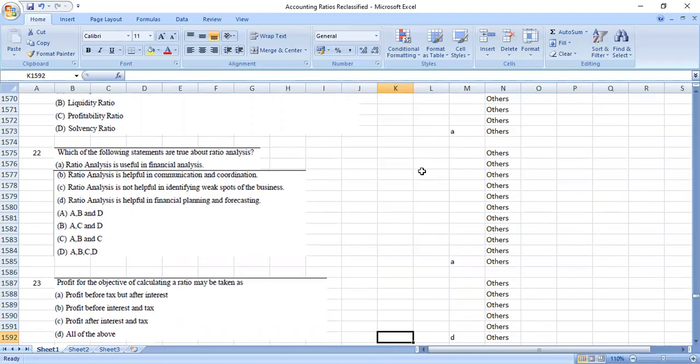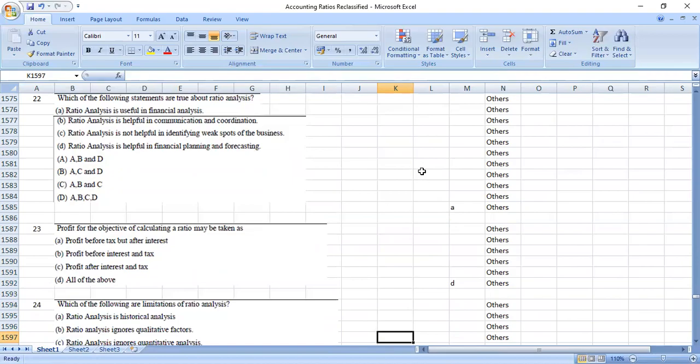Which of the following statements are true about ratio analysis? Ratio analysis is useful in financial analysis. Wow, A is correct. Ratio analysis is helpful in communication and coordination. B is correct. Ratio analysis is not helpful in identifying weak spots. C is wrong. It is helpful in identifying the weak spots of the business. C is wrong. Ratio analysis is helpful in financial planning and forecasting.